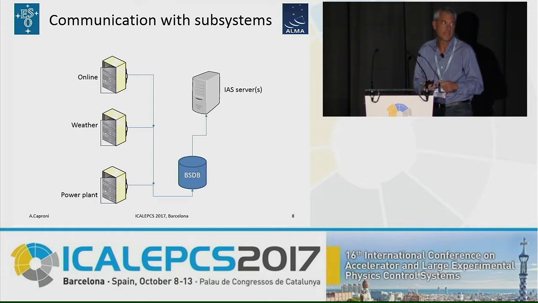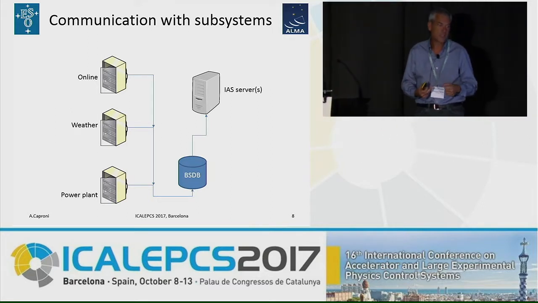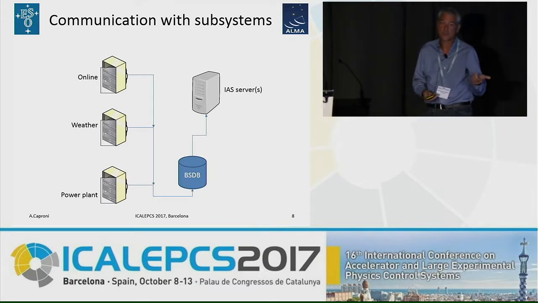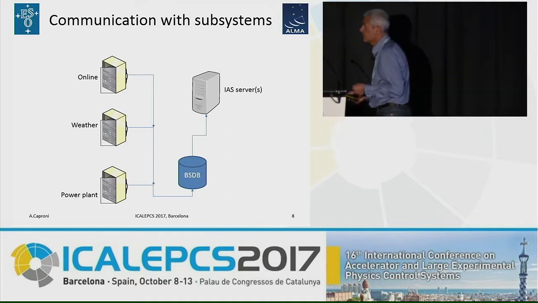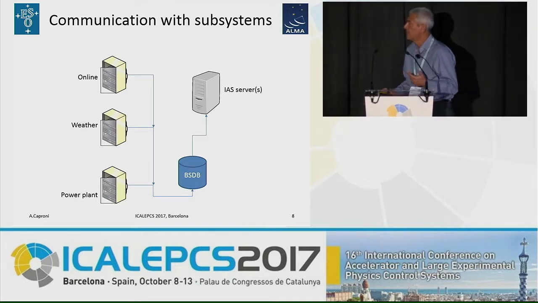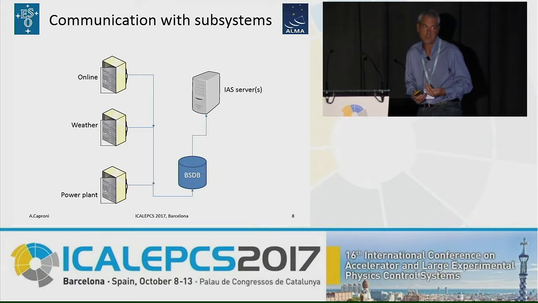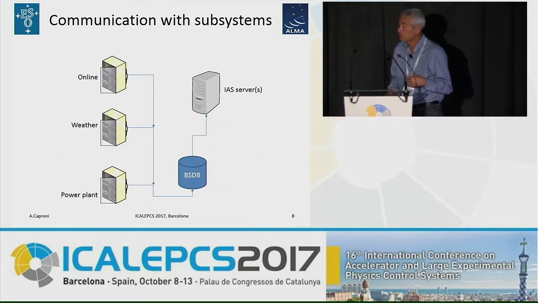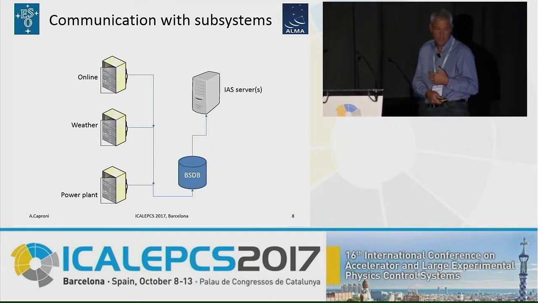We have some on which we have full control because they are developed in-house, like the Alma Common Software or the weather station, but we also have control software that is proprietary, on which we do not have much control. Some of them provide an API to get monitor points and values, but some others do not. So in the worst case, we probably have to get the monitor point values by parsing the logs.